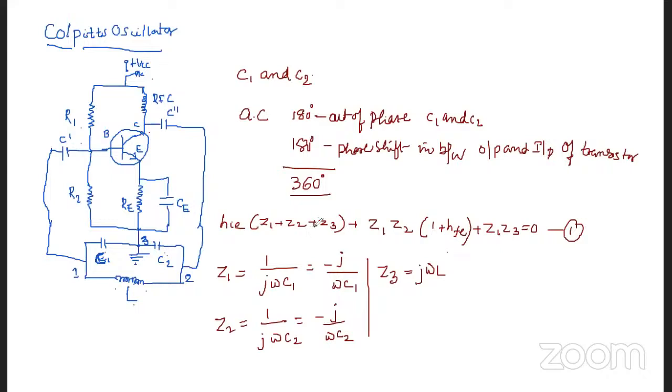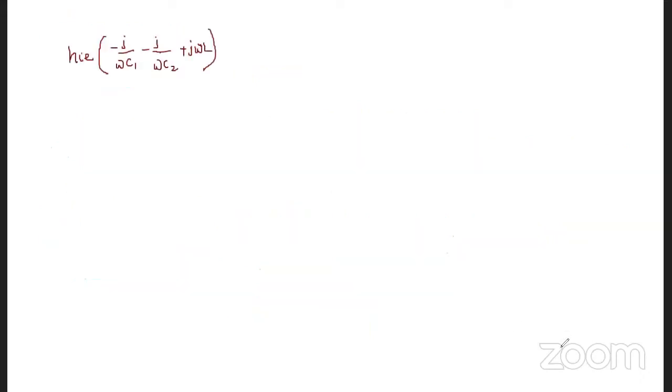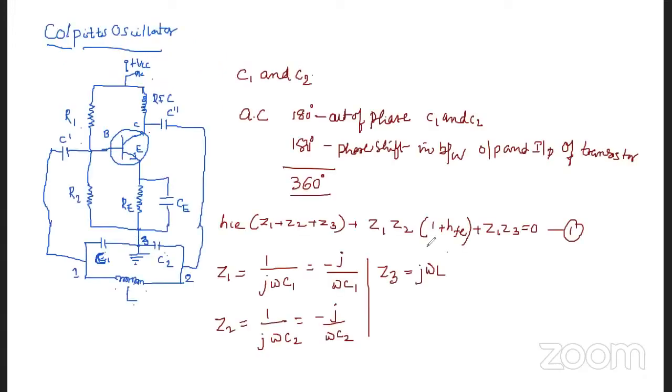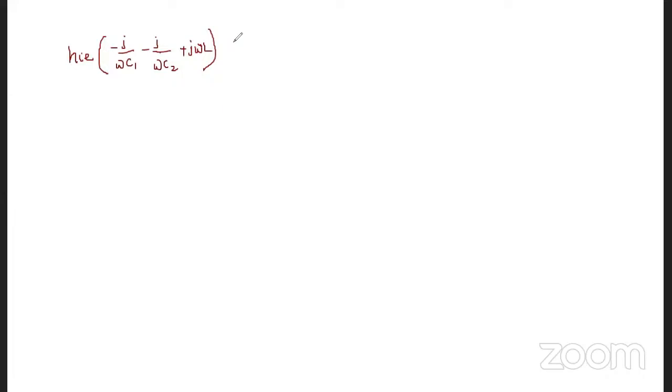So h_ie into Z1 plus Z2 plus Z3: h_ie into Z1 plus, we have written, minus j by omega C1 minus j by omega C2 plus j omega L. Then next, we have plus Z1 Z2. So here we'll write plus Z1 Z2.